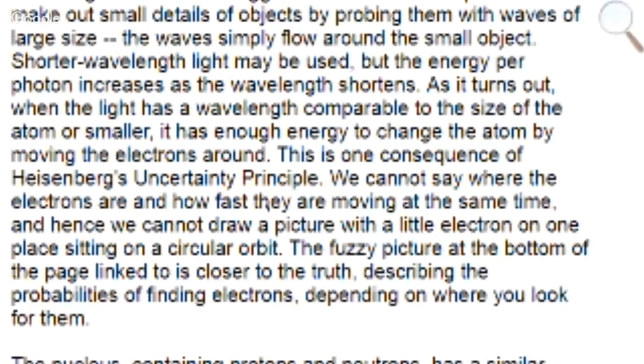We cannot say where the electrons are and how fast they are moving at the same time, and hence we cannot draw a picture with a little electron in one place sitting on a circular orbit. The fuzzy picture at the bottom of the page linked is closer to the truth, describing the probability of finding electrons depending on where you look for them.